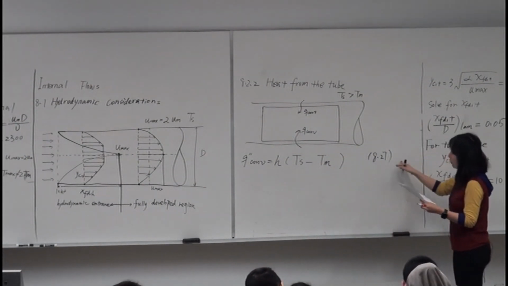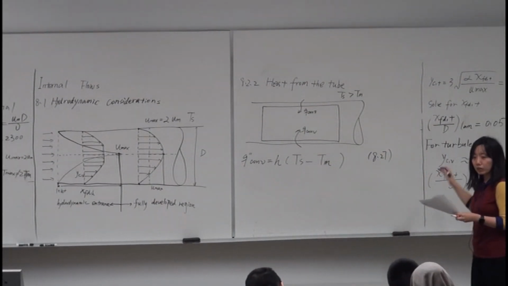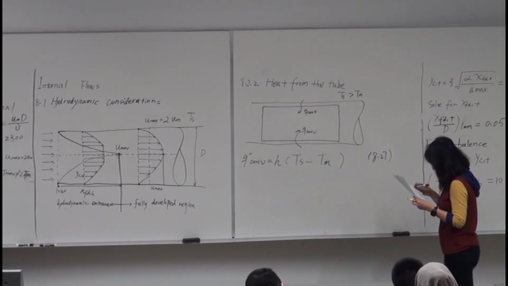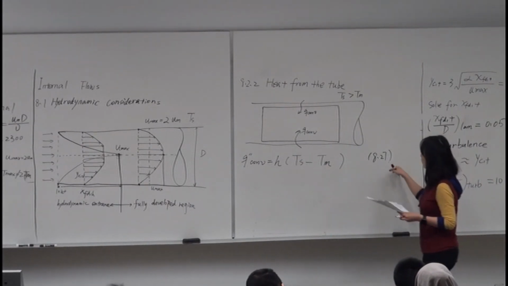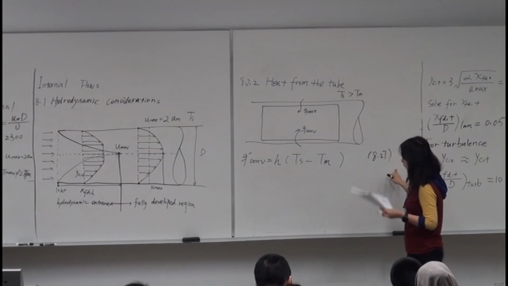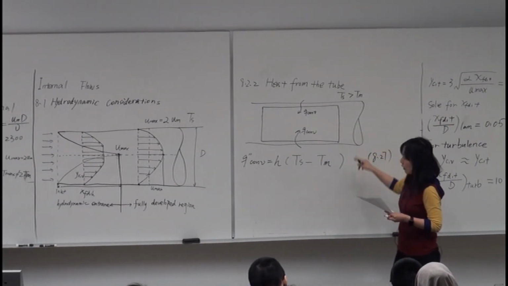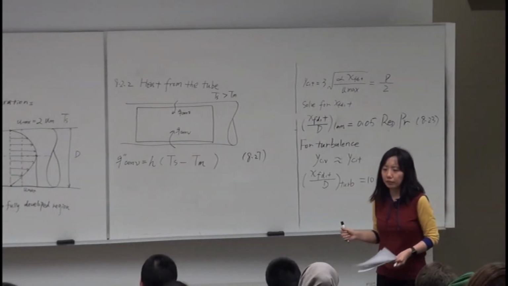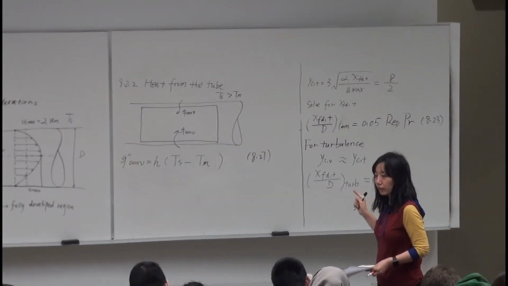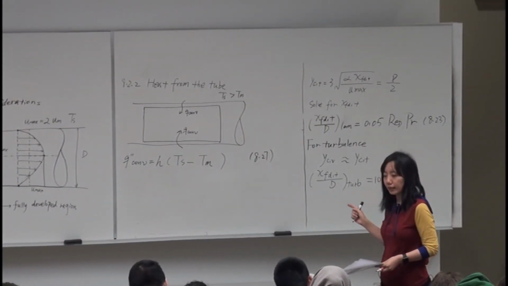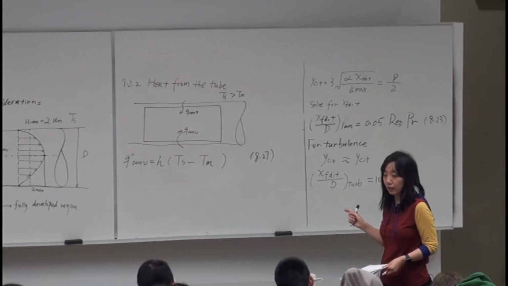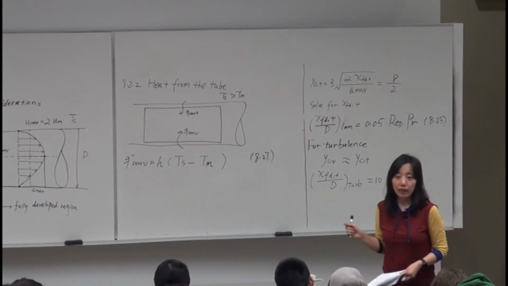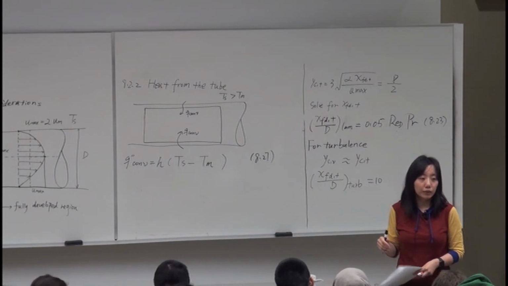This is given by Equation 8.27 inside our textbook. And we would know that how the temperature distributes also depends on the surface conditions, whether the surface has a constant temperature or a constant heat flux, much like we learned with boundary conditions.